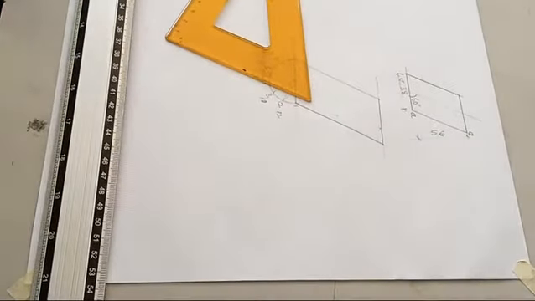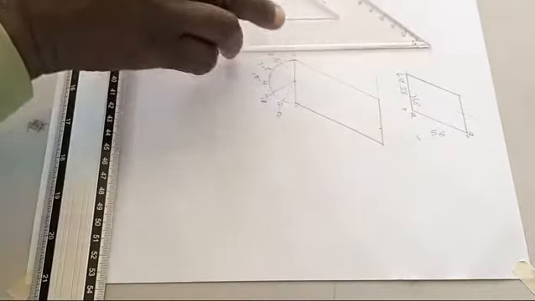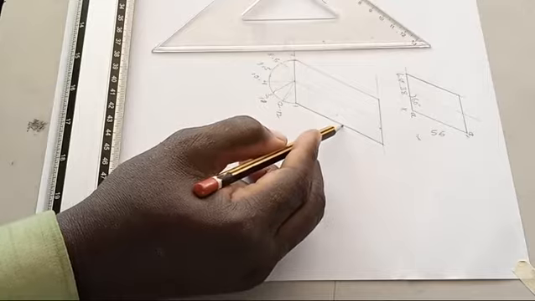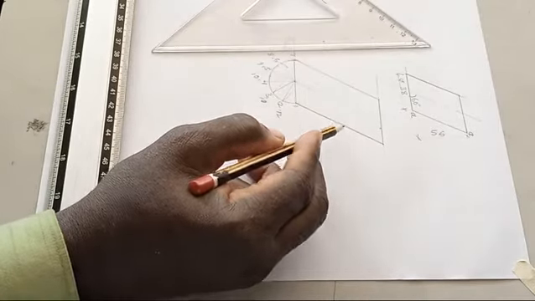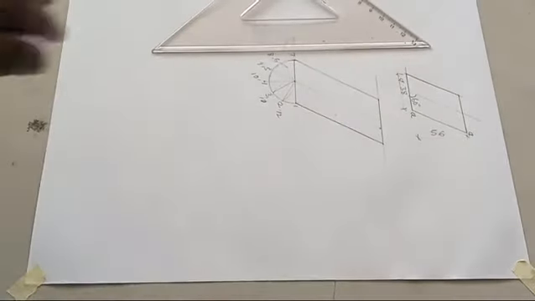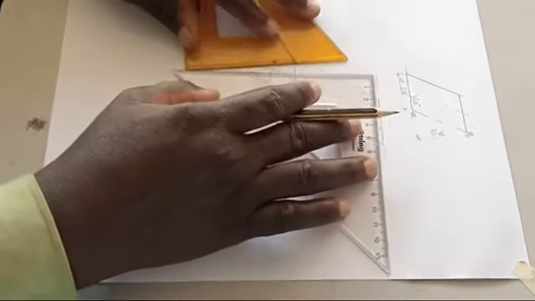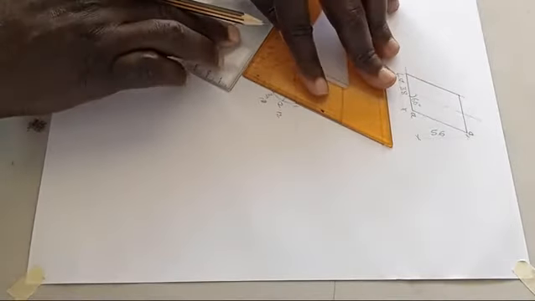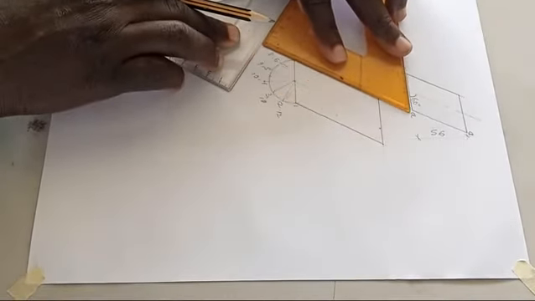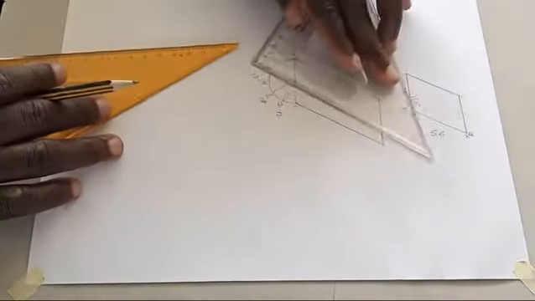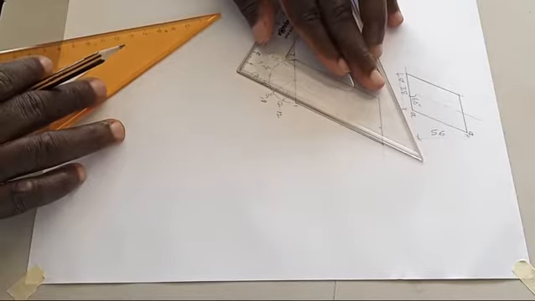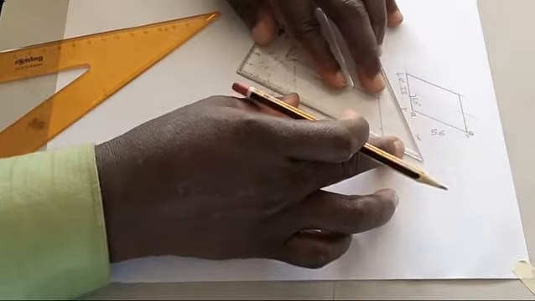So the next thing is to now draw a perpendicular line to the surface, because to develop any object you have to draw perpendicular lines to its surface. This is the surface now. You shift this backward a little. Let's use this one. Put it here. Make sure it is parallel to that line.